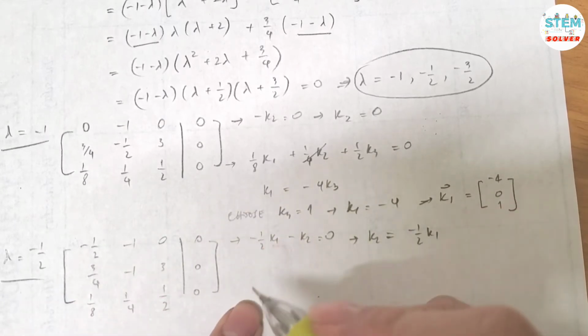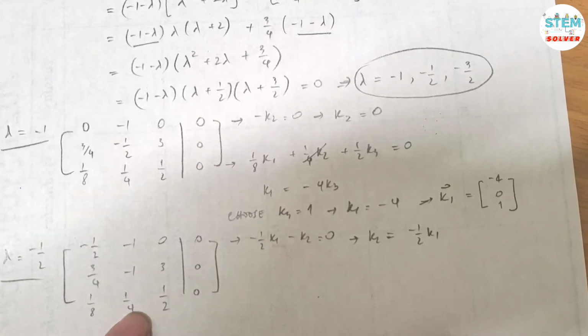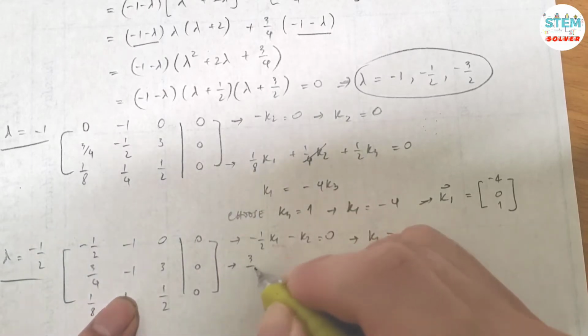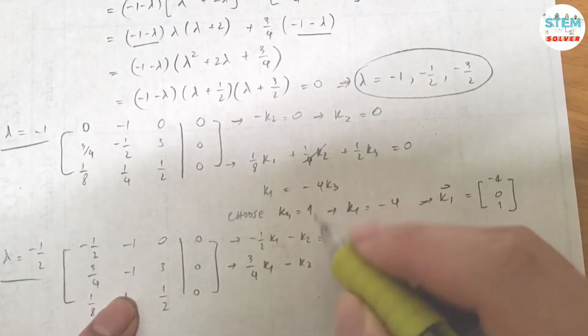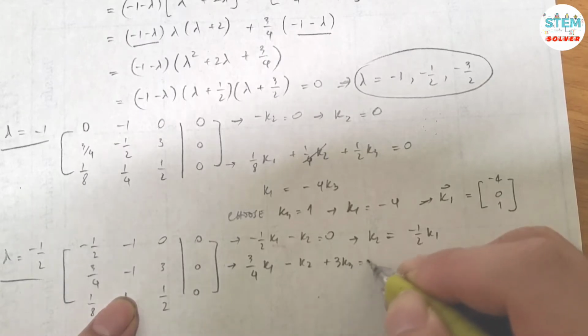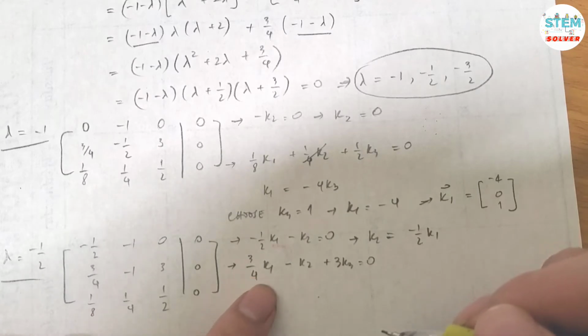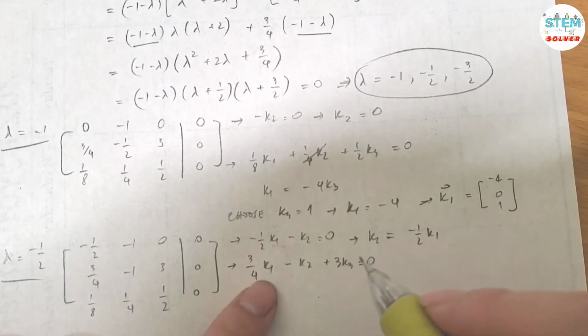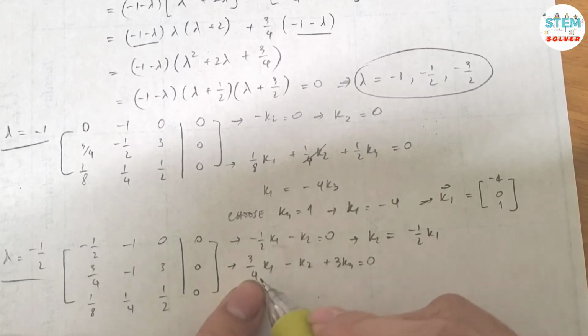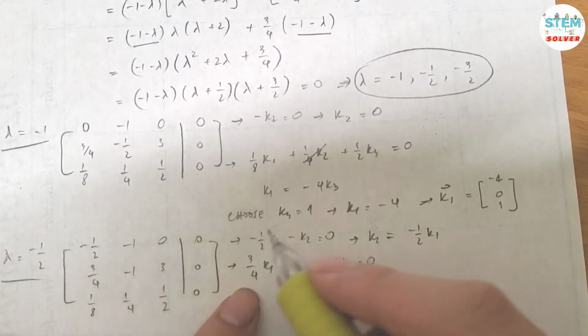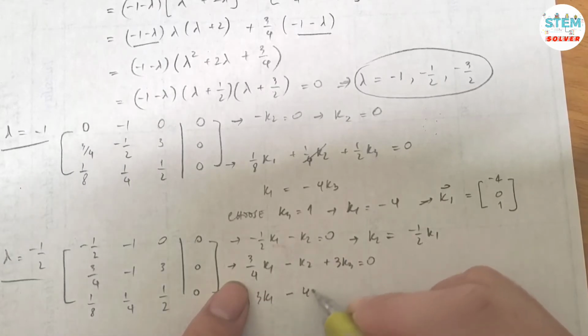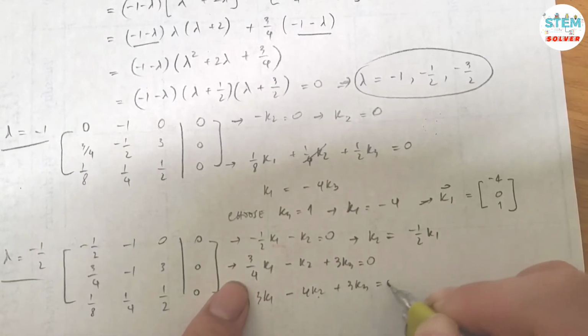Now use the second equation: 3/4 k1 minus k2 plus 3k3 equals 0. First I'm going to multiply the whole row by 4 to get rid of the fraction, so I have 3k1 minus 4k2 plus 3k3 equals 0.